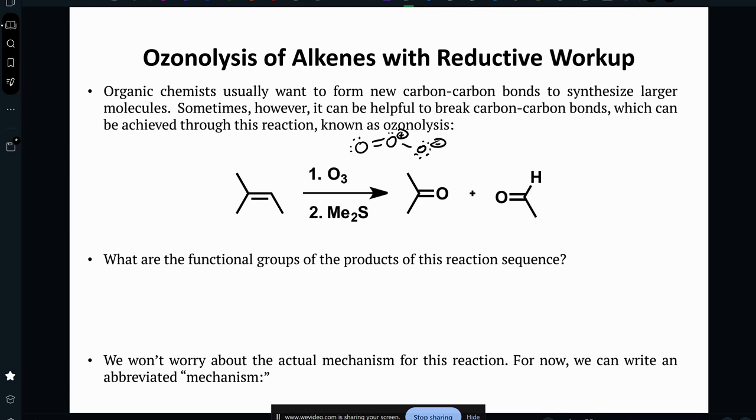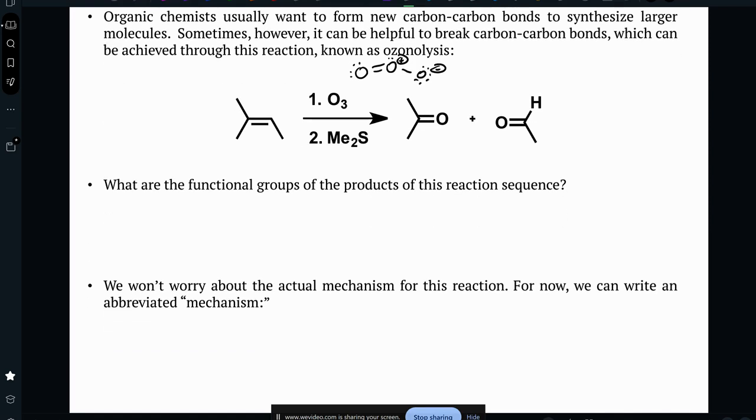If you look at weather forecasts, a lot of times they'll have a page for air quality, and they might list the ozone level for that day. Ozone's very reactive, and it turns out when it encounters double bonds, carbon-carbon double bonds, it can break them up. So that's one of the ways it can have negative interactions with us because we are made of organic molecules.